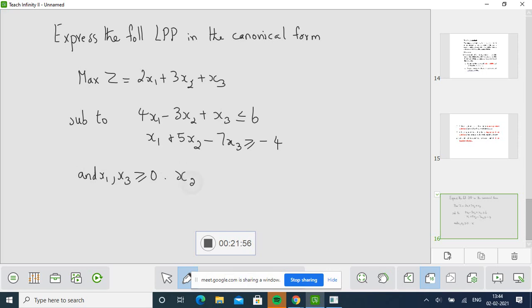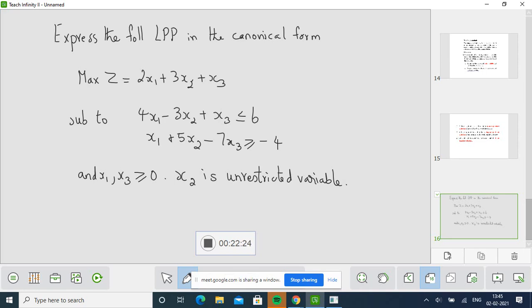Now what happens? Nothing is told about x2, so x2 is an unrestricted variable. This is what is given to you and I want you to write it in the canonical form. How do we write this in the canonical form? The first thing we need is a maximization function.